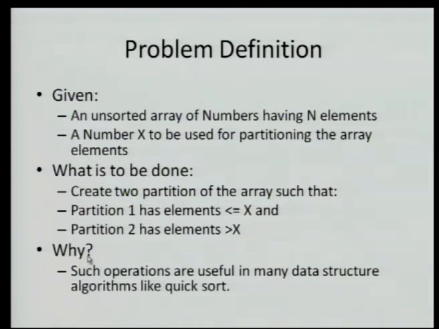But why do we want to create such a partition, or why do we want this particular algorithm? Well, such operations are useful in many data structure algorithms like quicksort. The importance is that if I can divide a larger problem into a smaller set of problems, then I'll be able to solve it with the strategy of divide and conquer.